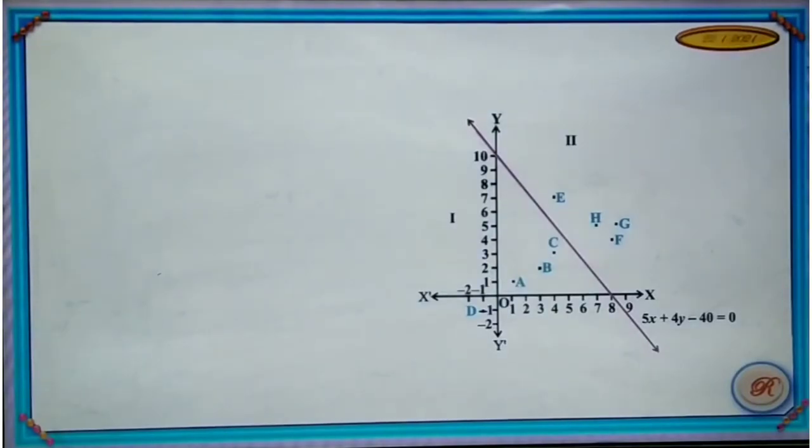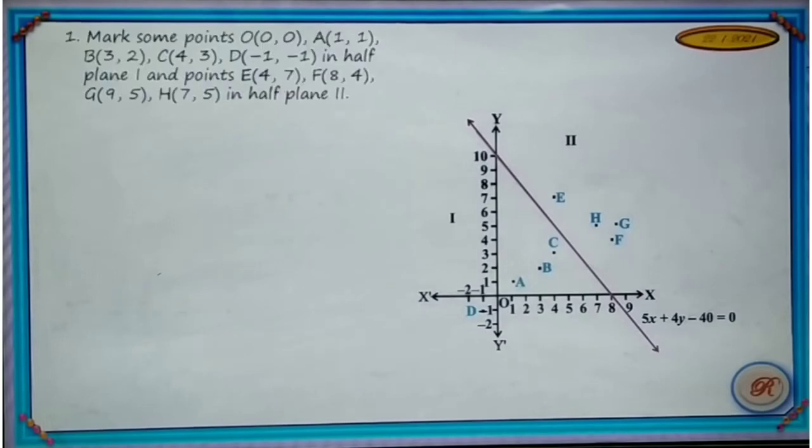Mark some points: O with coordinates 0, 0, A with coordinates 1, 1, B with coordinates 3, 2, C with coordinates 4, 3, D with coordinates -1, -1 in half plane 1, and points E with coordinates 4, 7, F with coordinates 8, 4, G with coordinates 9, 5, H with coordinates 7, 5 in half plane 2.